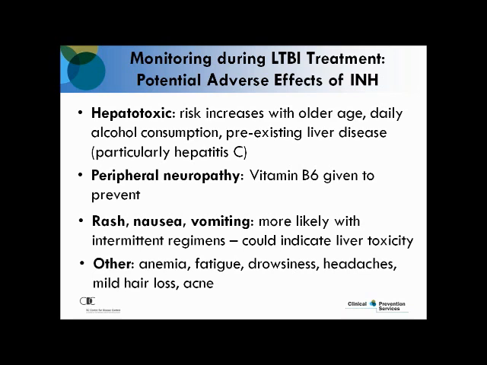With the B6, we always give INH with B6 because of pyridoxine-related neuropathy, and if you can stop those kinds of side effects from happening, people are more likely to continue on therapy. We're certainly going to go through the profile of each medication as this webinar continues. Other side effects and adverse effects of INH include nausea and vomiting, and if you have signs and symptoms of liver toxicity, we'll always recommend that you stop medications.